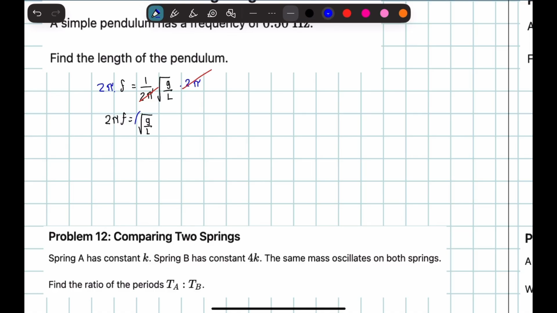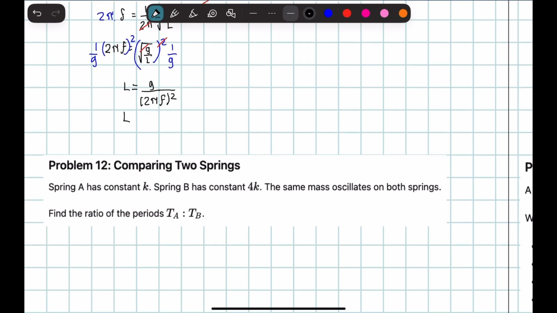Now we can square both sides. After this, that will cancel out the root. And then we can divide by 1 over g. So then you're left with L is equal to g over 2 pi f squared.